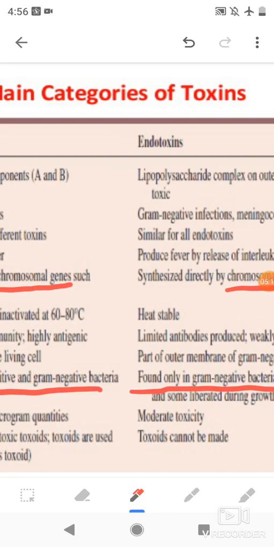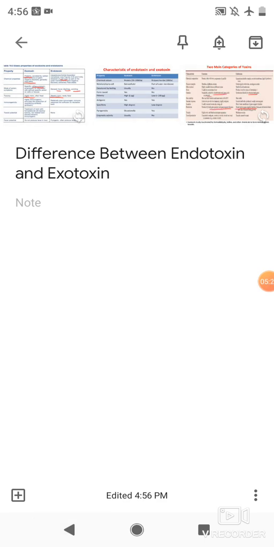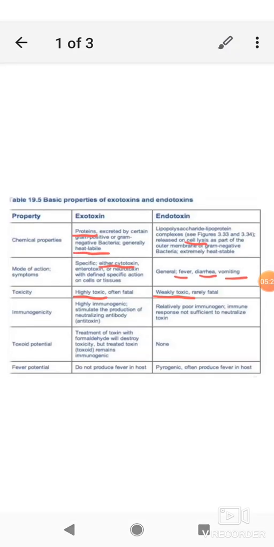So the main difference is, first, the chemical nature. Exotoxins are proteinaceous in nature. Endotoxins are polysaccharides. Then about the pyrogenic action, the fever action is caused by the endotoxins. Then the toxicity: endotoxins are weakly toxic, but exotoxins are highly toxic.